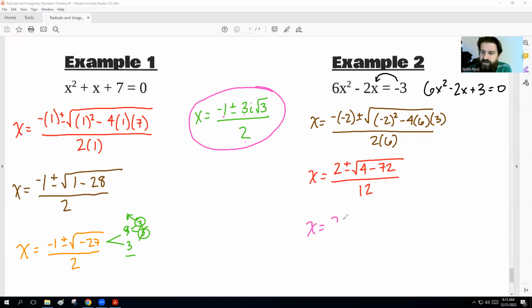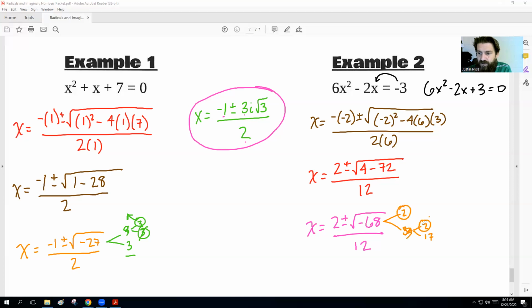All right, we got 2 plus or minus the square root of 4 minus 72, which is a negative 68, over 12. All right, we need to break down that 68. So 68 is 2 and 34, and 34 is 2 and 17.